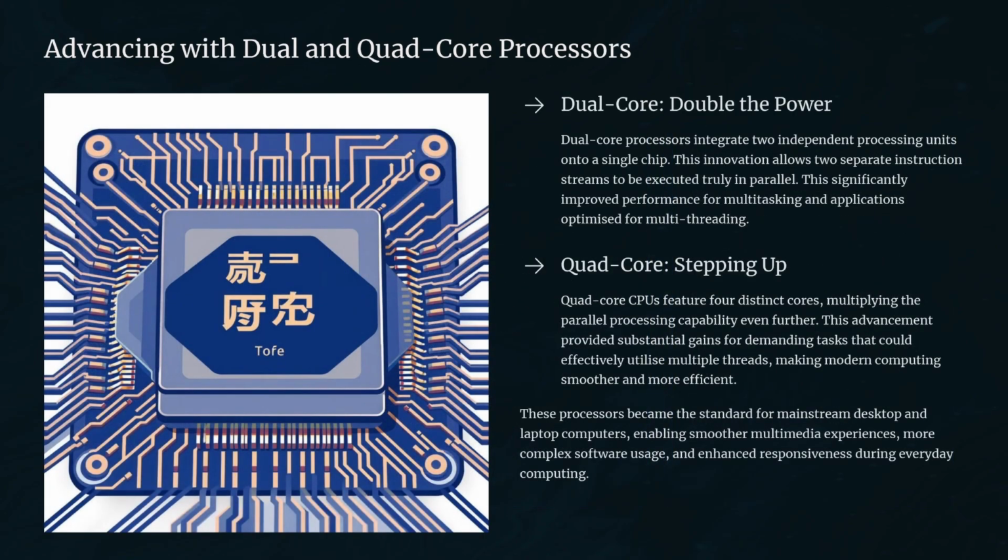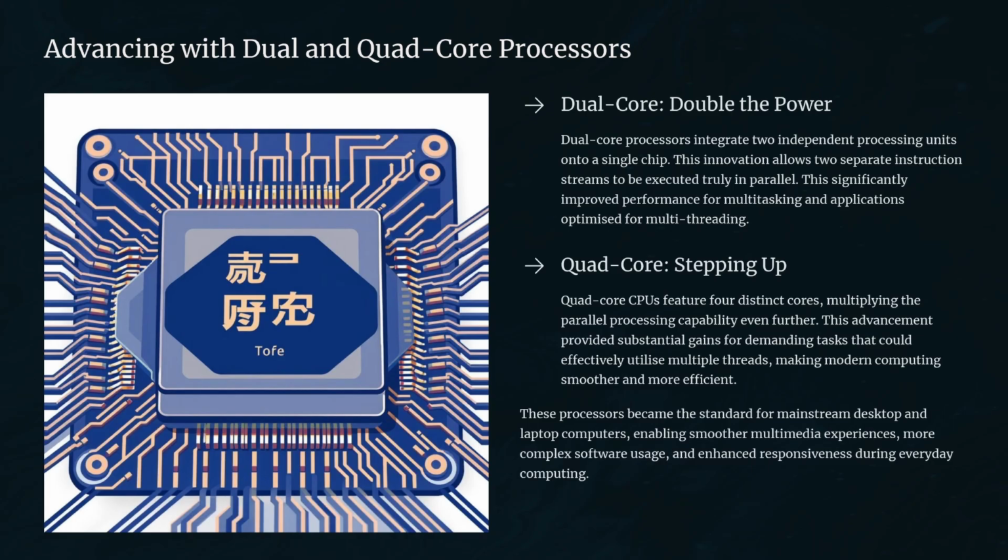Now we see that we are advancing with dual and quad-core processors. The next big step was dual-core processors. With two cores, computers could finally handle real multitasking. You could listen to music while browsing the internet and everything stayed smooth. Then came quad-core processors.